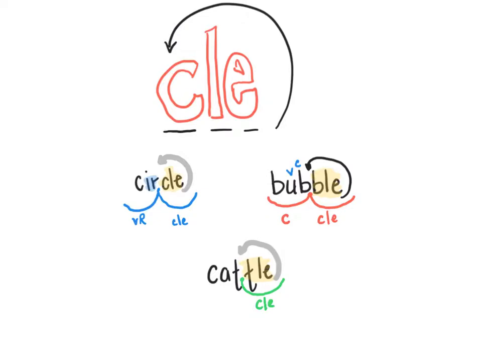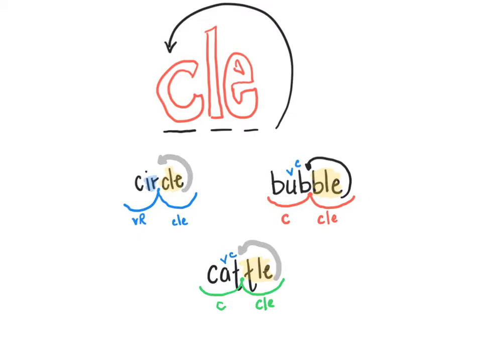Then I'm going to scoop forward, and figure out what type of syllable this is. Cat. I'm going to identify that I have a vowel followed by a consonant. That's a short A closed by a consonant. So this is a closed syllable.